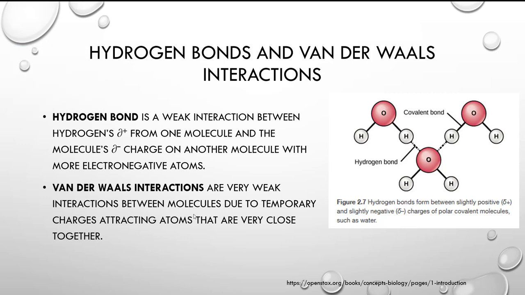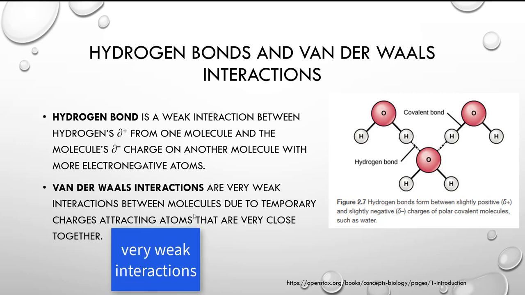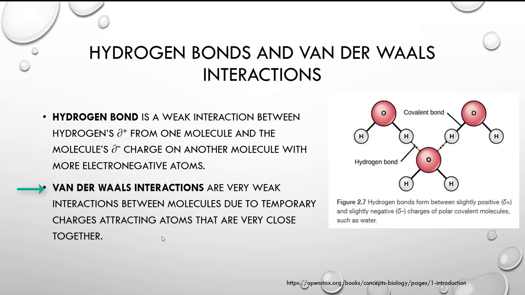And then van der Waals interactions, they're very weak interactions between molecules, and they just happen when there's temporary charges attracting atoms that are very close together. So if you've ever been to a tropical place and seen geckos walking up the side of the wall, they can kind of cling to the wall, which is kind of cool.